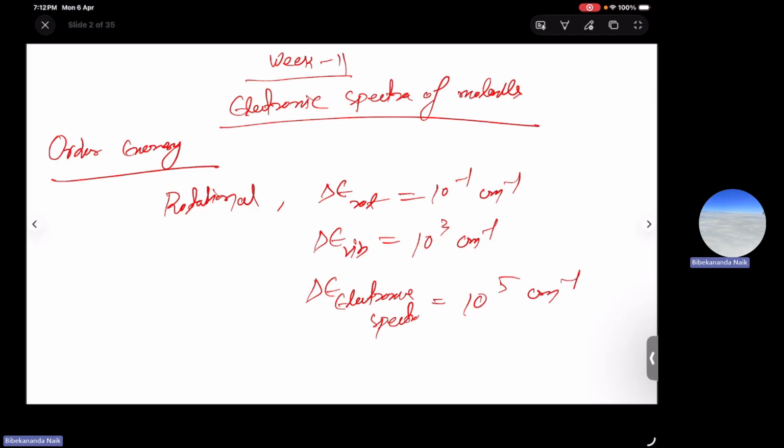So the maximum energy corresponds to electronic spectra, then vibrational spectra, then rotational spectra. The total energy of a molecule is del E total equals del E electronic plus del E rotational plus del E vibrational.